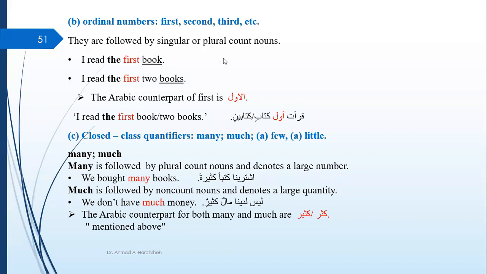Little has a negative meaning. That means we don't have enough amount of coffee, for example. But when we say a little, we have a little but we have enough amount. يعني كمية كافية ولكنها ليست كثيرة.